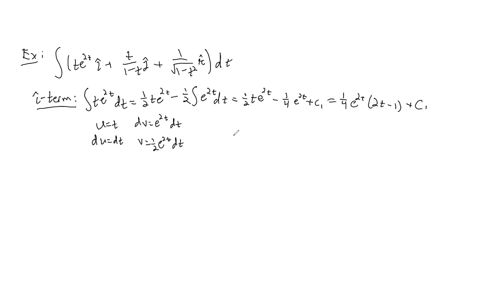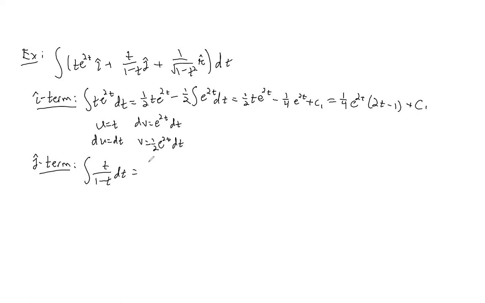How about the second bit? That all looks fine. So the j term is a little tricky. There are a couple of ways you can do this.